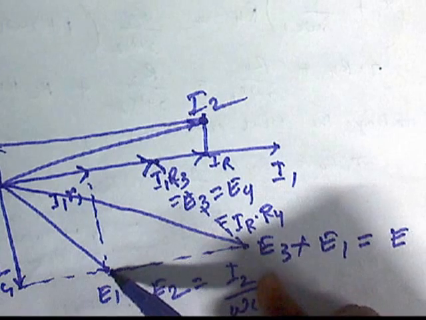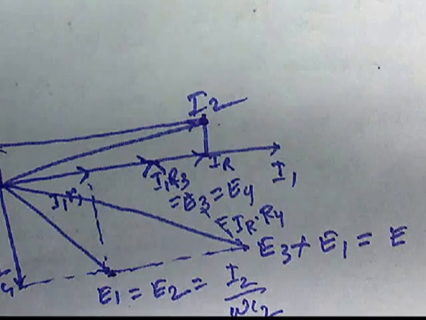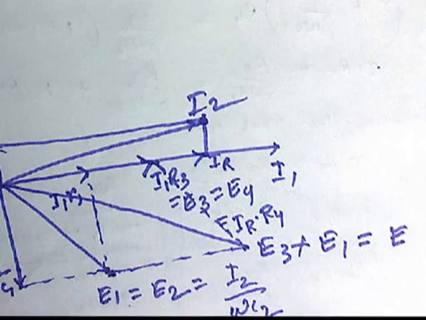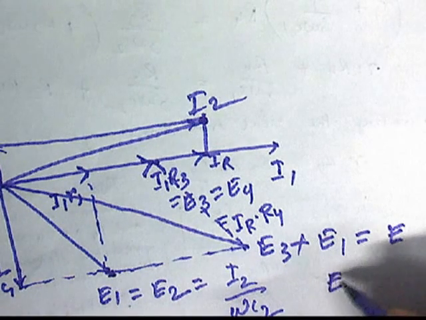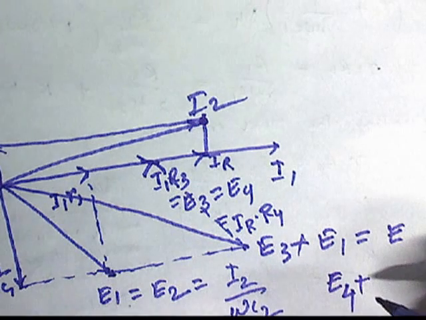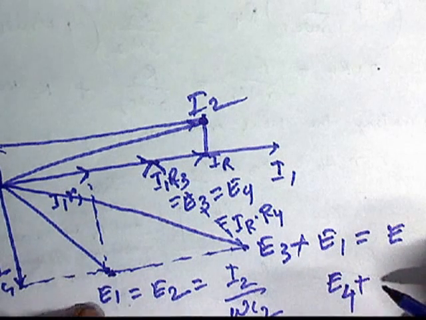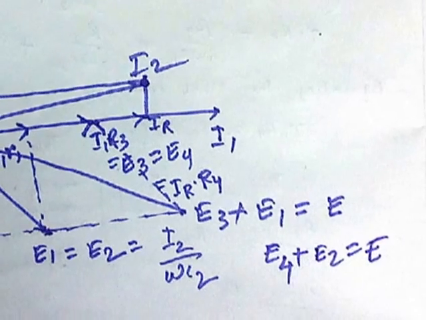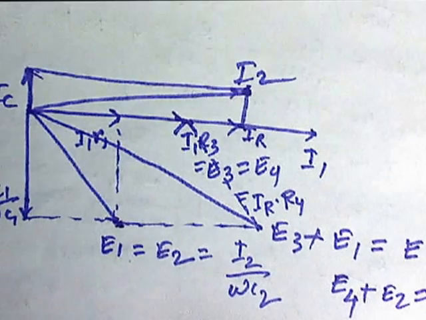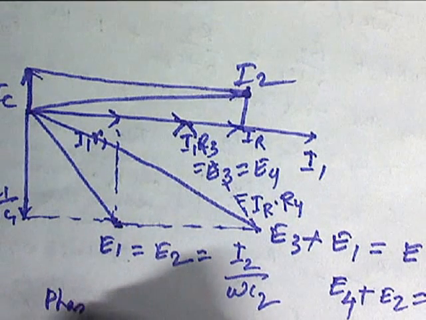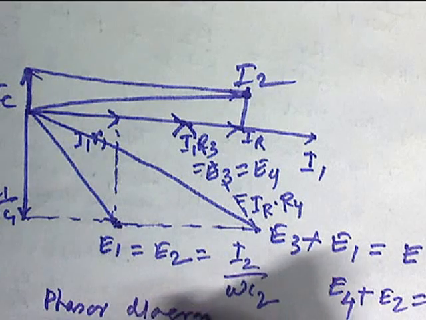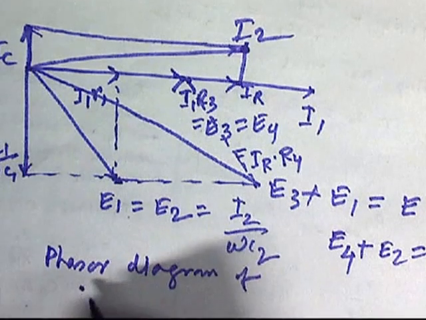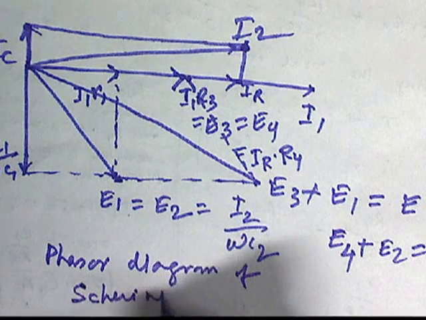Sorry, E4 plus E2 is equal to E. So this is the phasor diagram of the Schering bridge.